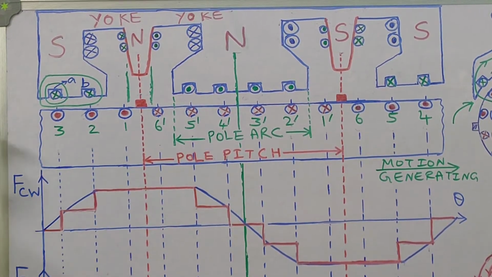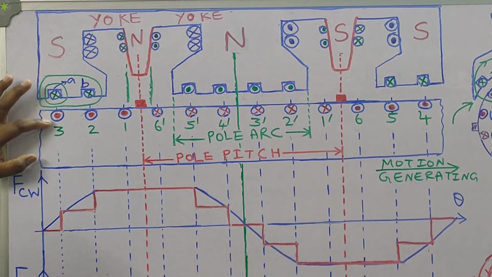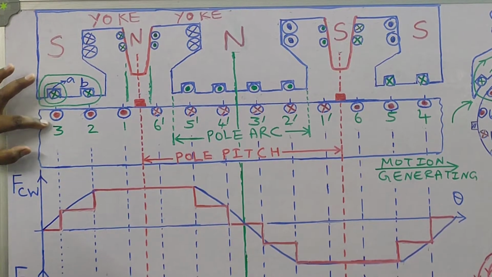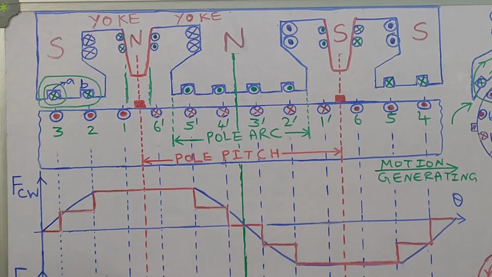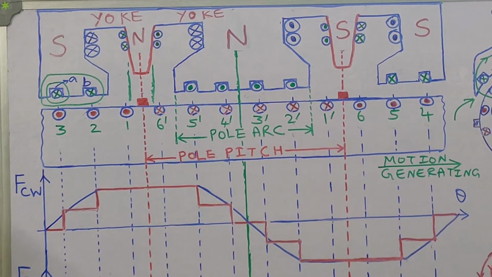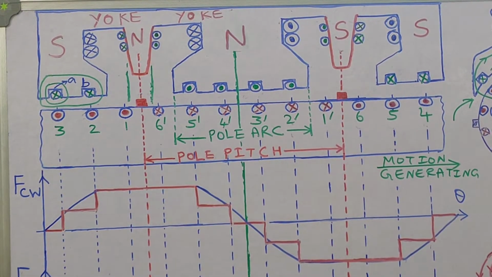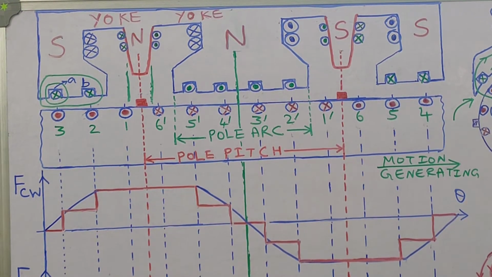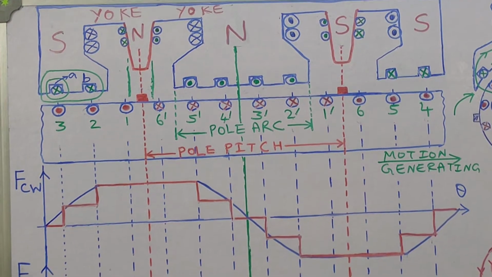So obviously, if the armature conductor is carrying dot current, the compensating winding should carry the opposite, that means cross current. Why do we ensure that the current carried by the compensating winding is opposite to the current carried by the armature conductors under its direct influence?